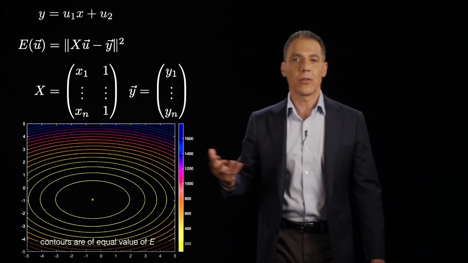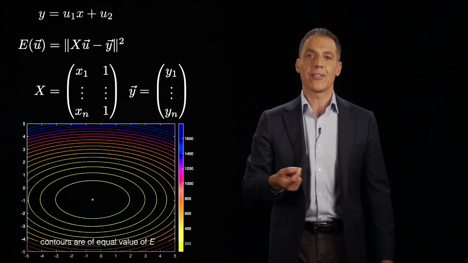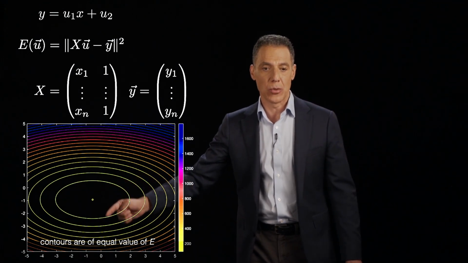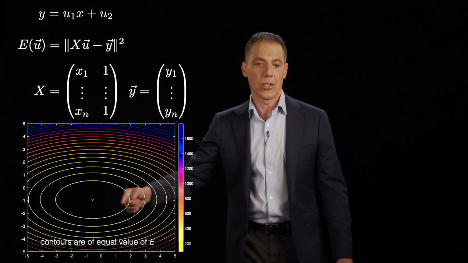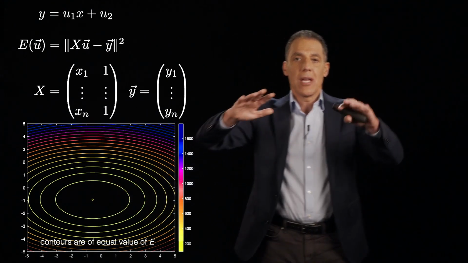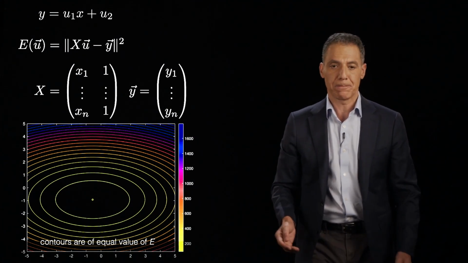So think, if you will, just as if you're walking around that ridge of a contour that is an equal elevation. And what are we trying to do? We're trying to find the u1 and u2 that is associated with that minimum, the bottom of the bowl where the error goes to a minimum.